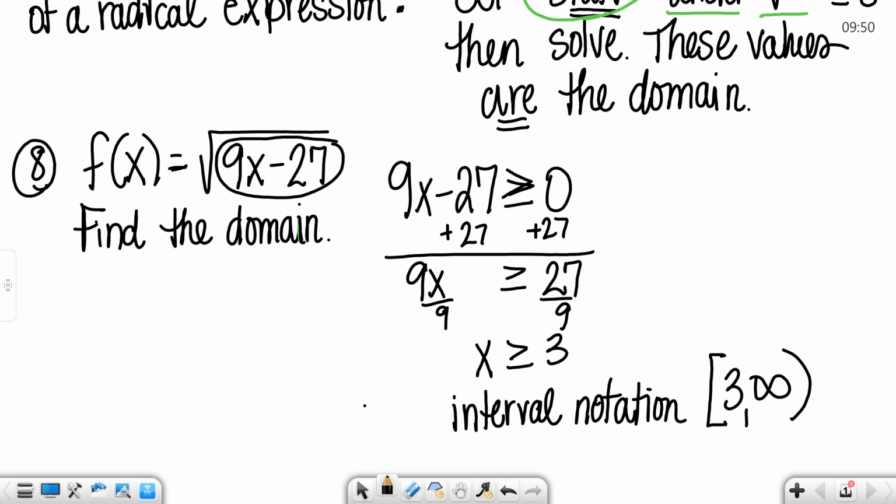So that's why I have a bracket around the 3 and then to infinity. If you needed to see a little number line sketch to decide how to do your interval notation, it would look like this. If our x value is 3 and it says greater than or equal to, it would look like this. And then to describe that in interval notation, this is what we will type in for our domain in MyMathLab.